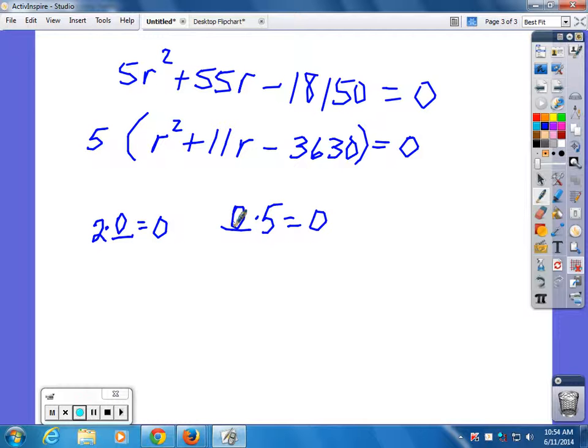So what you're doing is you're setting this up to be 0, and you're setting this up to be 0, because this is 5 times blank is equal to 0, or blank times this is equal to 0. And that's untrue, so it just goes away. And then you're setting this up to be 0.